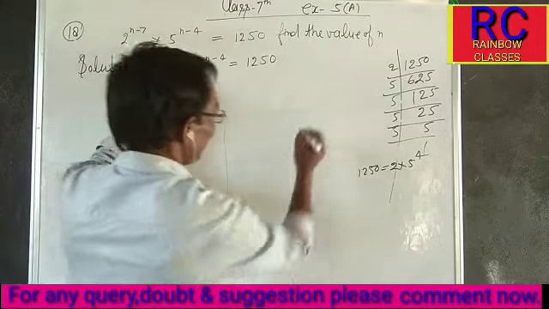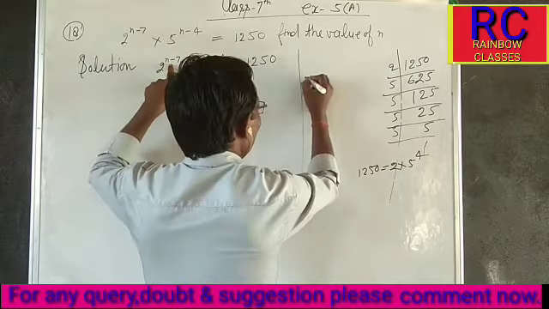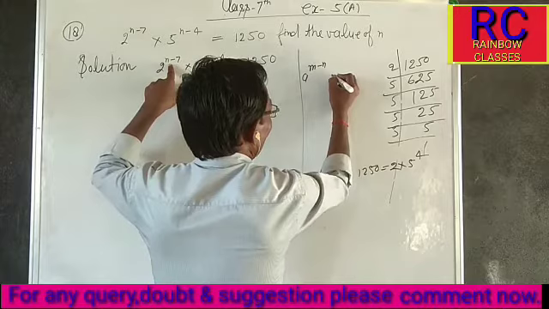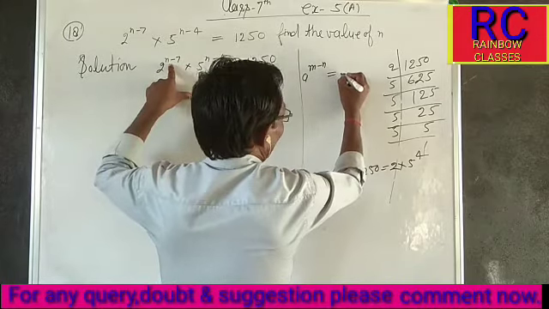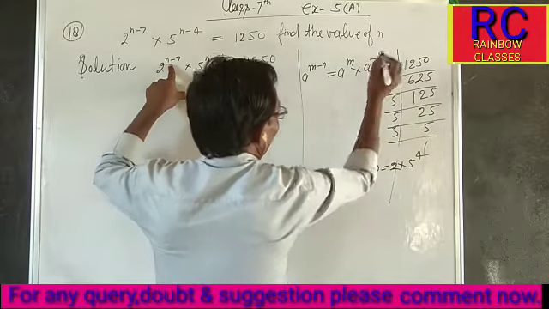We know that a to the power m minus n we write as a to the power m into a to the power minus n.